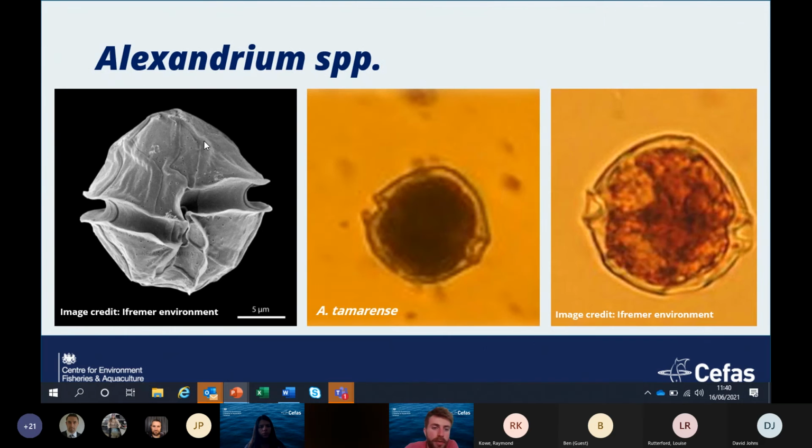And then you look at it through a mercury burner, which produces a wavelength of light that all those cellulose plates will illuminate, and you can see the pattern of the plates much more clearly. But yeah, these are really quite tricky and potentially very, very toxic. So that's Alexandrium. And again, this is an example of an armored dinoflagellate. So all this clear area you can see, that's part of that cellulose theca we mentioned.